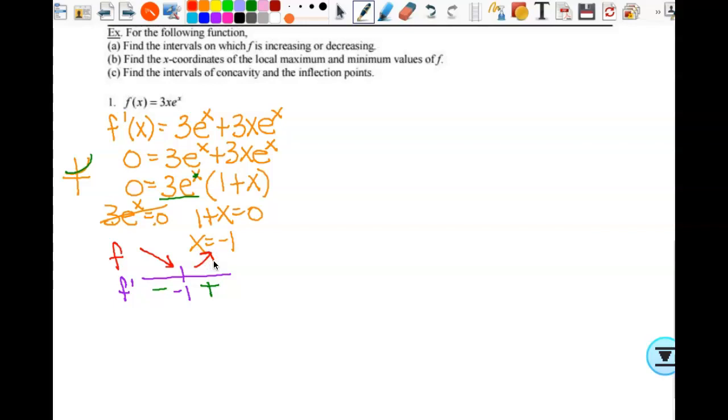Okay, so let's answer the A part here. A says, find the intervals for which f is increasing or decreasing. So I've already told myself by what I drew on my number line, right?